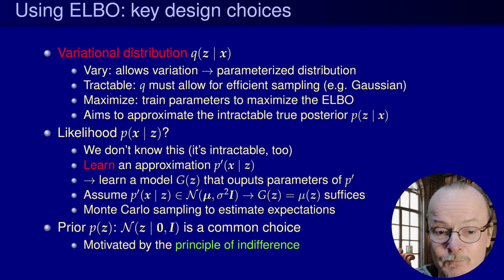If we assume that p prime is an isotropic Gaussian, maximizing the log likelihood is equivalent to minimizing the squared error between x and the mean of p prime. And the mean of p prime of x given z is exactly what our model for learning p prime outputs.